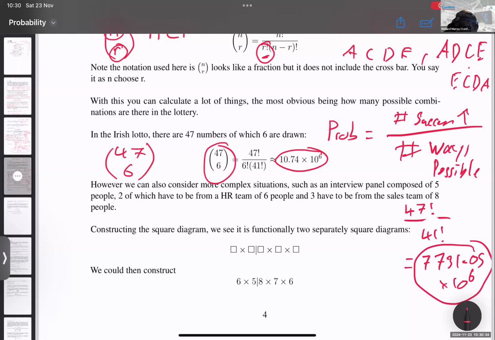So this is about 1,000 times bigger, with 7,731 million ways of selecting it in the correct order, which is going to be far less likely to be successful.